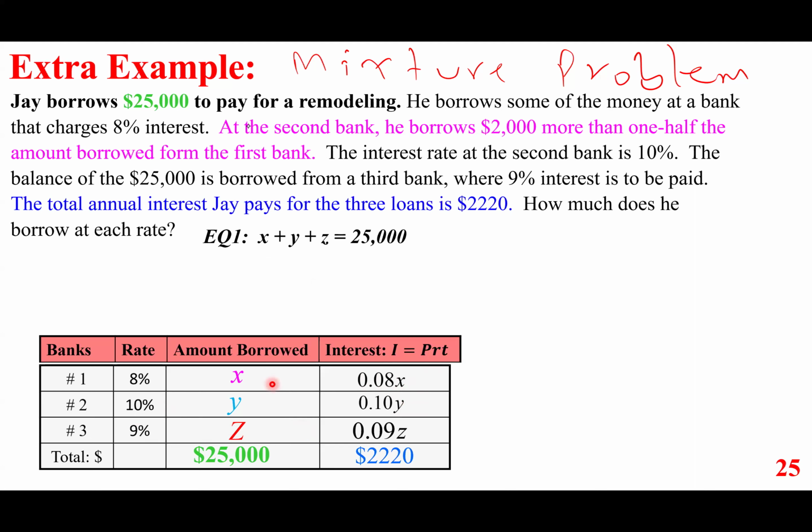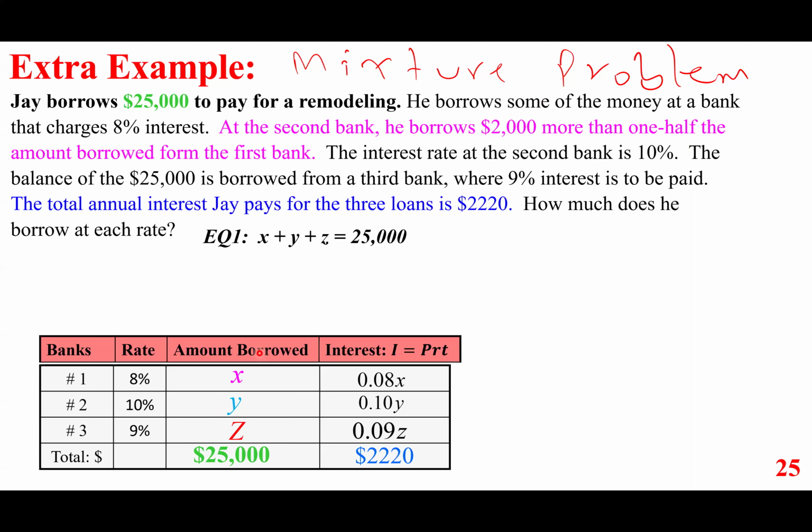Now let's go to this reading. At the second bank, he borrows $2,000 more than half the amount borrowed from the first bank. So the second bank, the amount is Y, everybody.